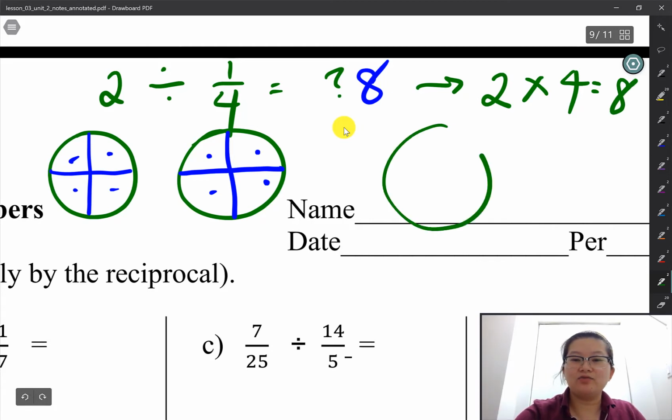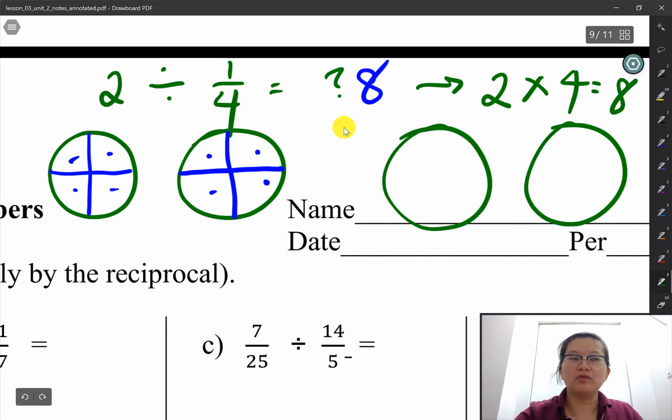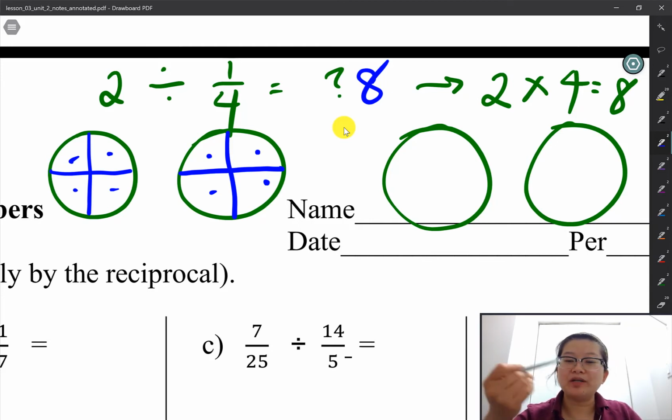So if I revisualize this, what this means is I want to find a way to take the 2 pizzas that I have. I need to basically churn up 4 pieces per pizza. I want every pizza in 4 pieces.